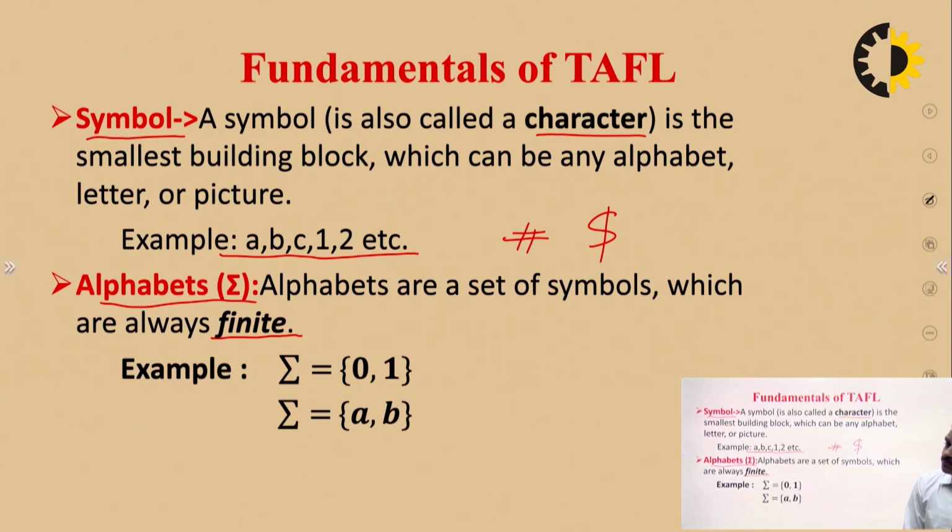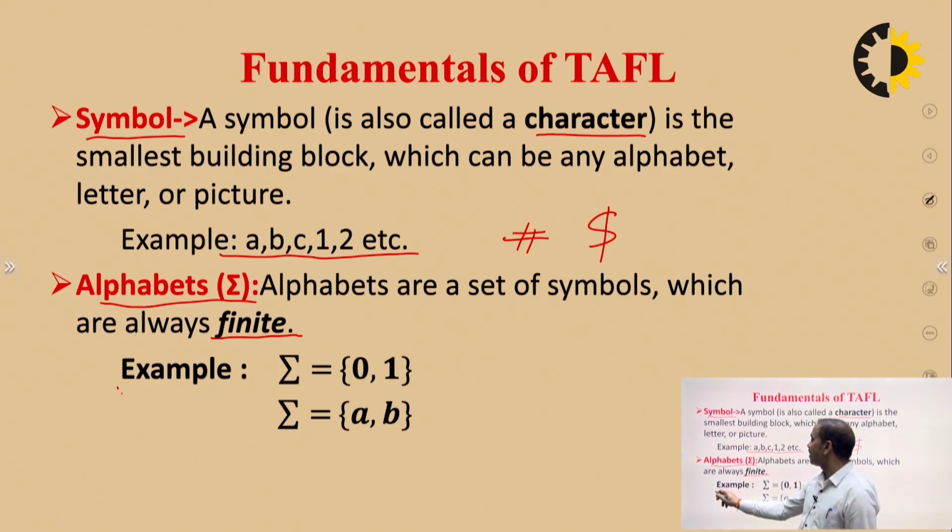If the input is infinite, then the result is discarded and not predictable, so we don't use an infinite language or infinite input alphabet. We always use a finite set because we want a result.